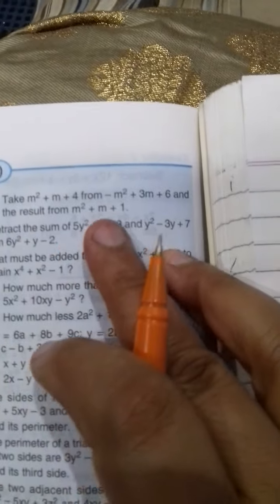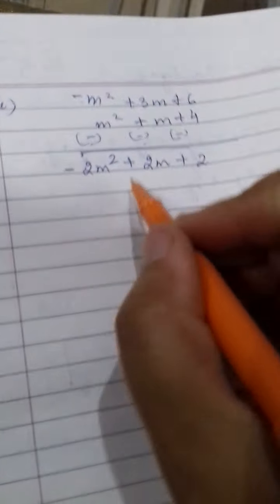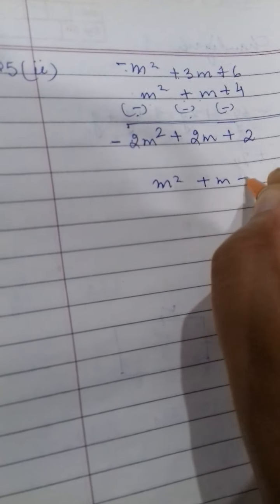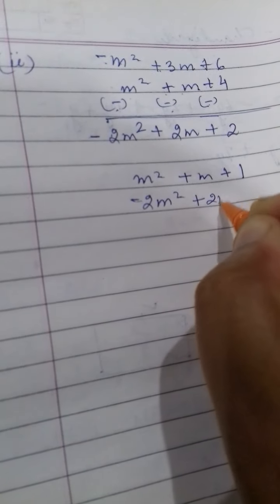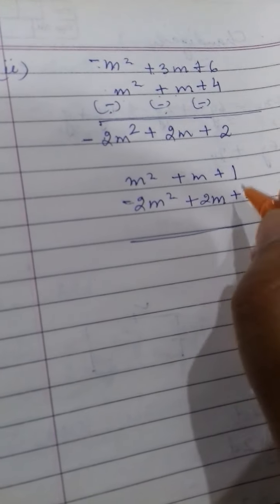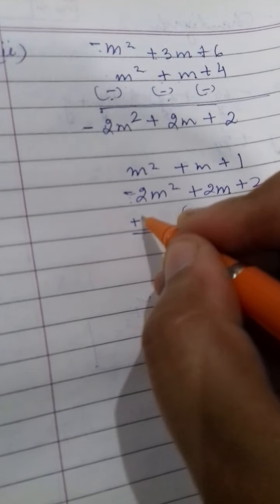Now he said that and the result from this, you have to subtract the result from this. So the result is this, m square plus m plus 1. Now subtract the result from this. So minus 2m square plus 2m plus 2. Again change the sign, minus minus, and here it is minus, so plus.